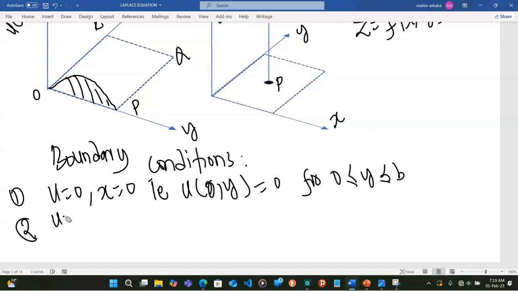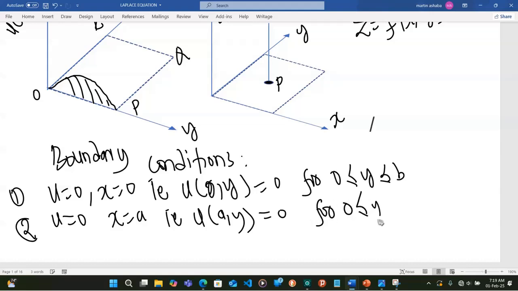Number 2 is that u is also equal to 0 when x is equal to a, that is to say u(a, y) = 0 for 0 < y < b.